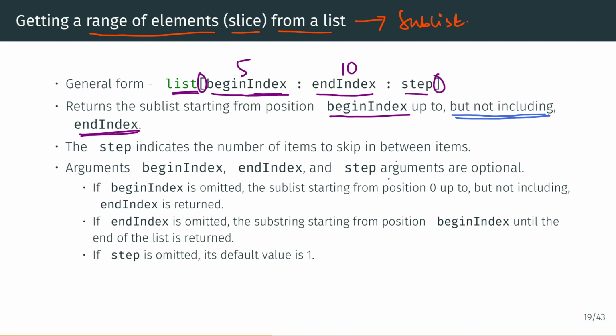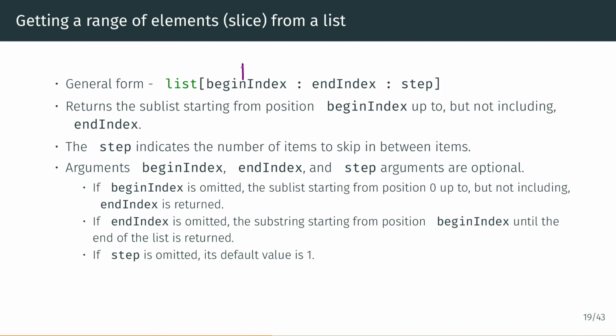We'll see the syntax of what to do when any of these are omitted. Now if begin index is omitted, the sublist starting from position 0 up to but not including end index is returned. So if begin index is omitted, it is essentially considered to be 0. That's the default.